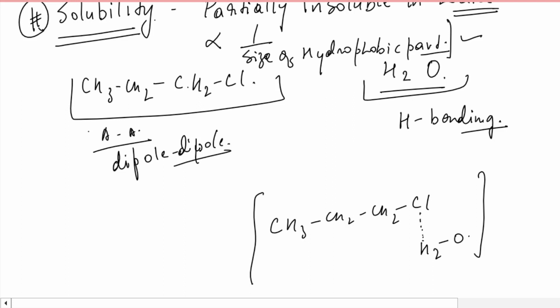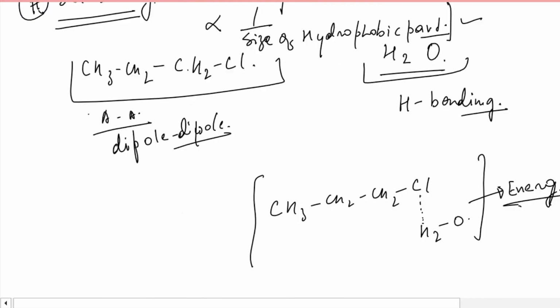Okay. So these new interaction setup are not as much as strong to break the previous interactions, which is hydrogen bonding present in water. So new interaction setup do not release as much energy, which can break the previous interactions.